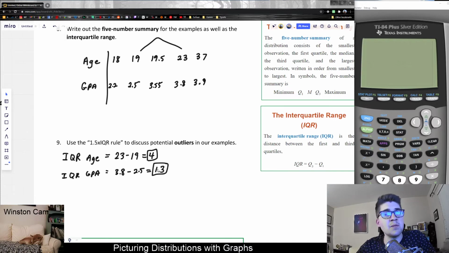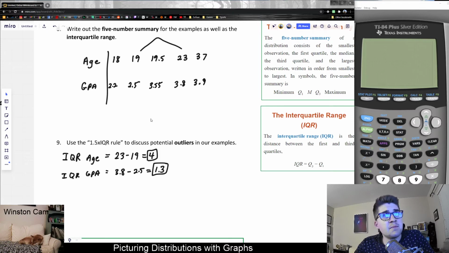Since the GPAs were much smaller numbers, I would say that it's sort of a wider range here, based on the context of the size of the numbers, which you could figure out by dividing by the scope, but I don't need to get overly complicated here. Basically, this is saying that the width of the center of the data, the 50% in the middle, is 1.3, a pretty big margin of GPA, I would say. Whereas the age margin, based on the size of the ages, was not very big.